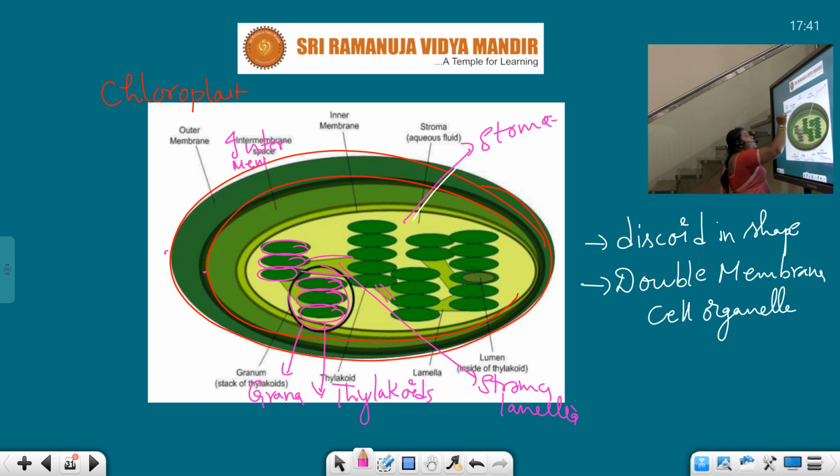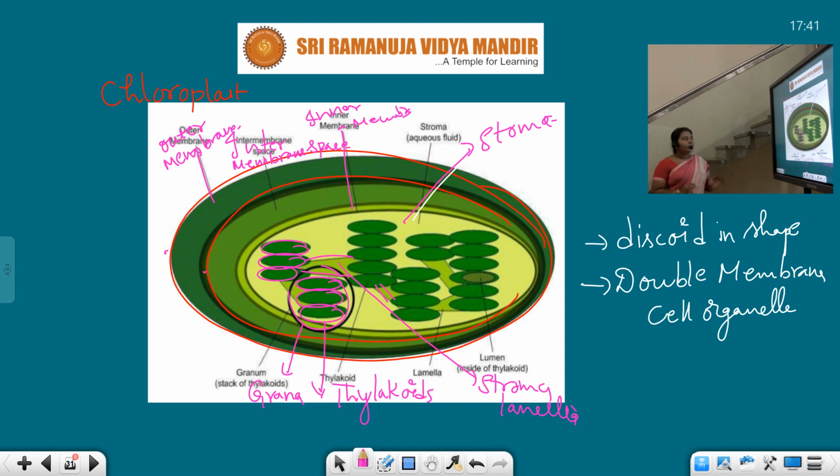This is the outer membrane and this one is the inner membrane. This is about the internal structure of the chloroplast.